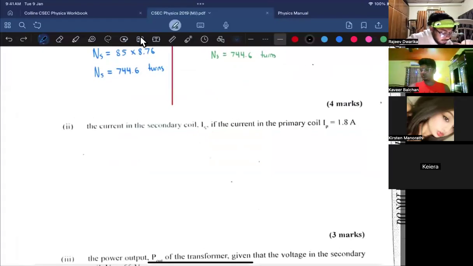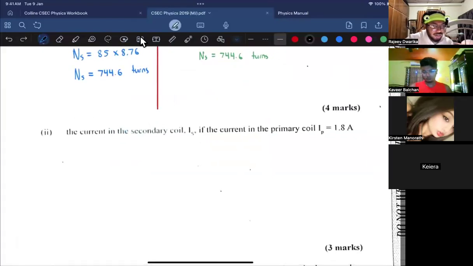So Justin, we want to figure out the current in the secondary coil. How are we going to do that? Justin, how are we going to find current in the secondary coil? Using the IPVP equals ISVS formula.